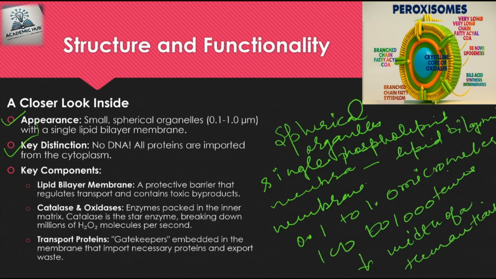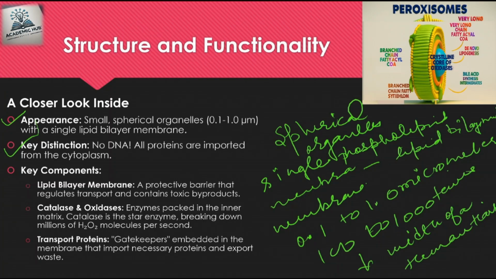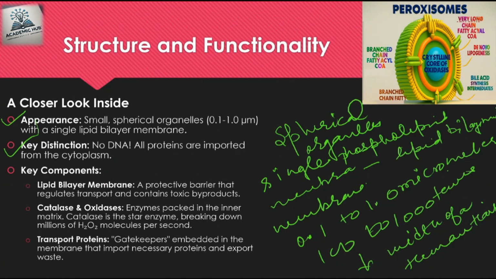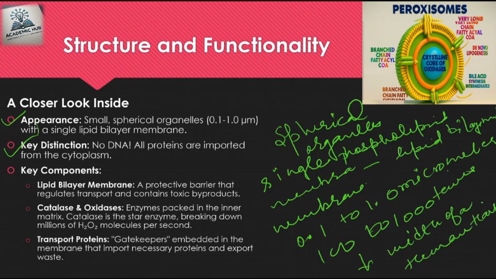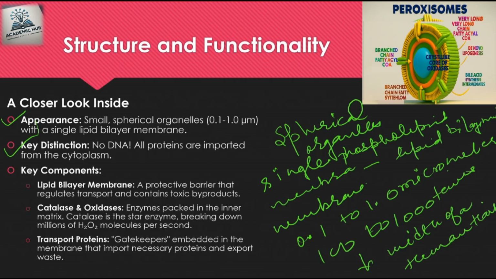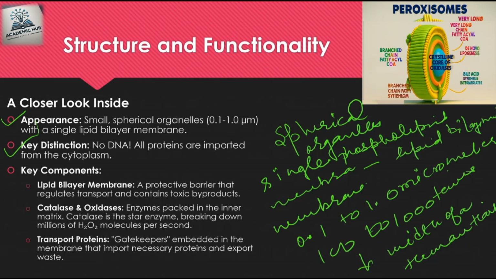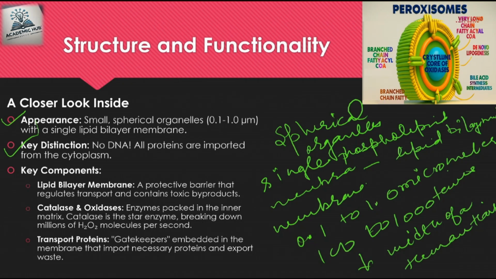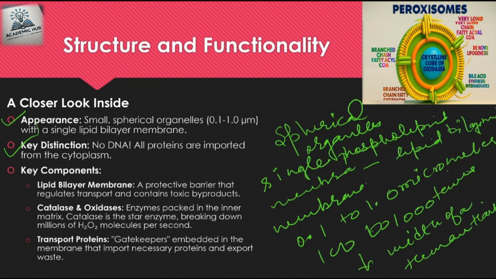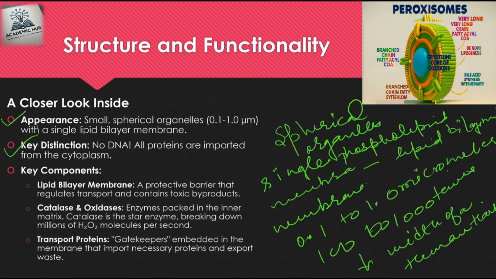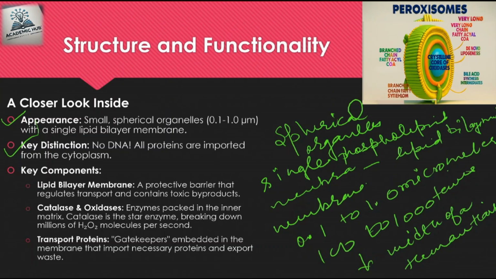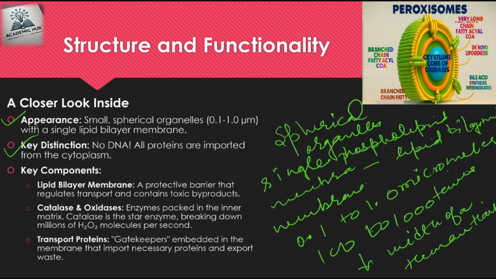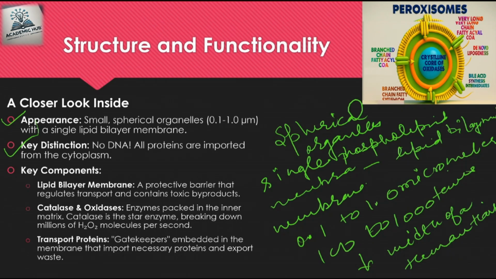A significant distinction that sets peroxisomes apart from other organelles like mitochondria and chloroplasts is their lack of DNA. Consequently, all their necessary proteins are synthesized in the cell cytoplasm and must then be imported into the peroxisome.